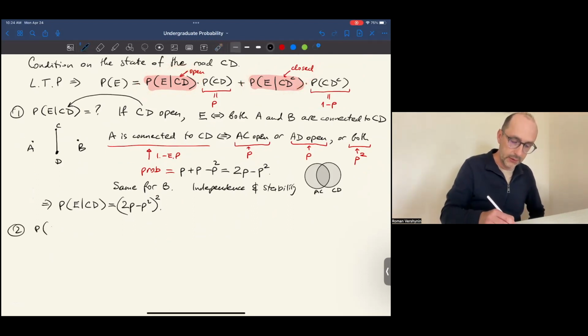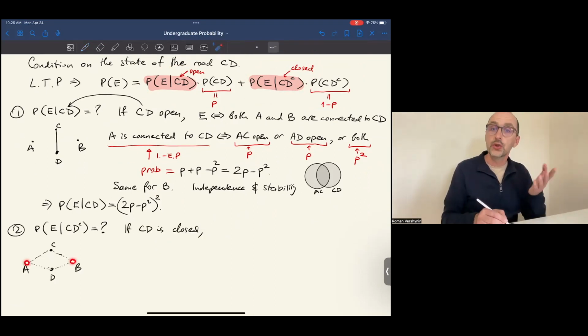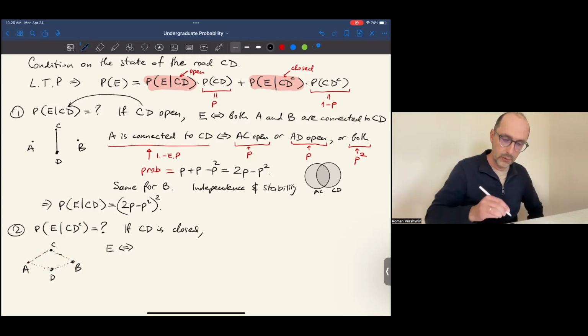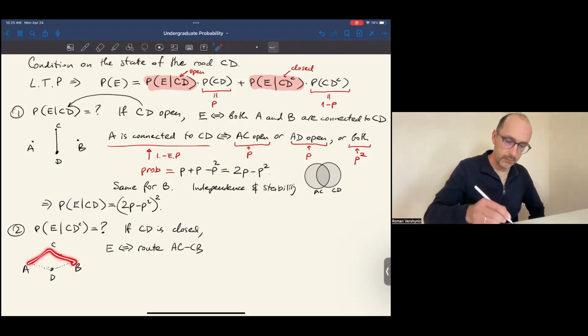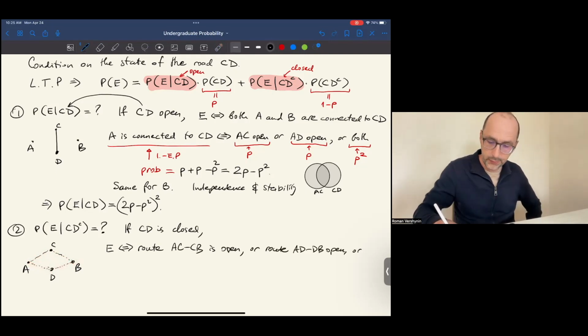What's the probability that you can get from A to B if the road CD is closed? In that case, you can get from A to B in only two ways, via C or via D. So our event E, which is you can get from A to B, is equivalent to the route ACCB is open, or the route ADDB is open, or both.